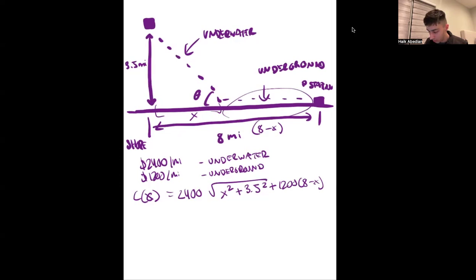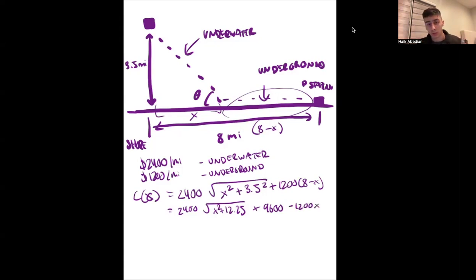We can even simplify it with the 3.5: 2,400 times the square root of x squared plus 12.25, plus 1,200 times 8, which gives us 9,600, minus 1,200x. Perfect.